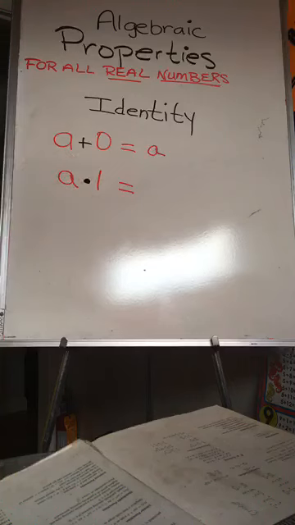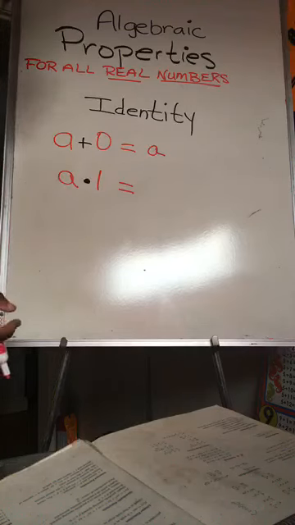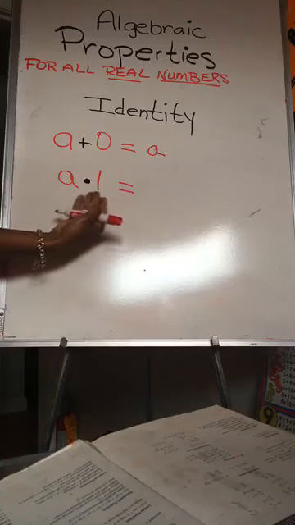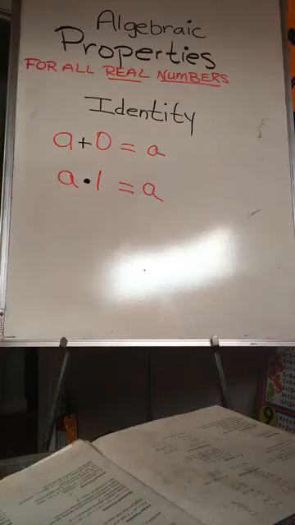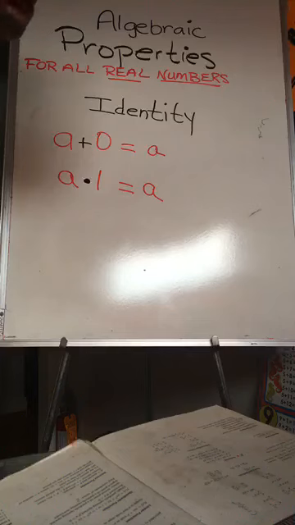A times 1, or anything times 1. If we just drop the 1, anything that's multiplied by 1 is always itself. It is A. I want to make sure I got that right in my notes and go through this step by step.